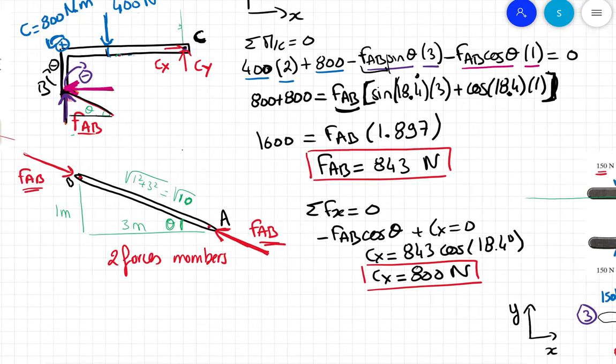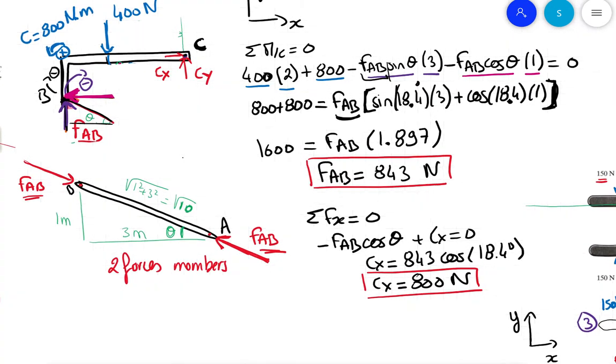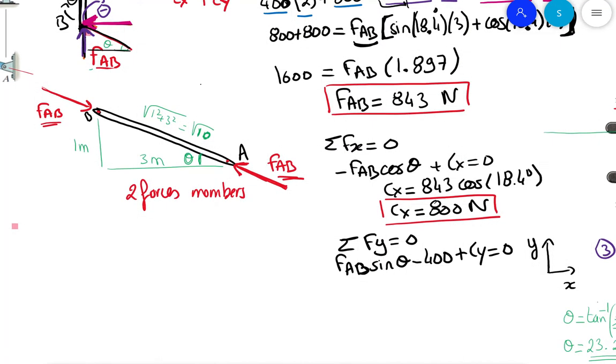And the sum of the forces on the y equals 0. So on the y, we have FAB sine theta minus 400 plus Cy is equal to 0. So FAB, we found FAB there.